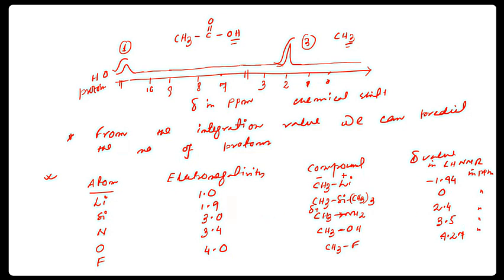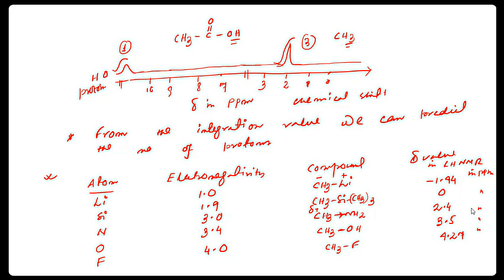So from these values, we are correlating that electronegativity has a significant role. We are just discussing these basic things because if we have a crystal clear concept, then we can solve the problem easily. So basically, we should have a very clear understanding of NMR spectroscopy. That's why we are doing this kind of fine tuning.